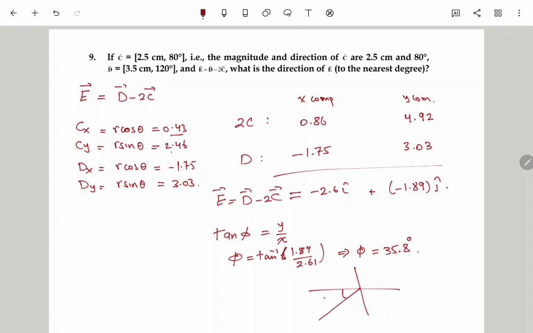So this is 35.8 degrees. Now remember, theta is measured from the positive x-axis counterclockwise. So theta actually equals 180 degrees plus 35.8, or in other words, almost 216 degrees.